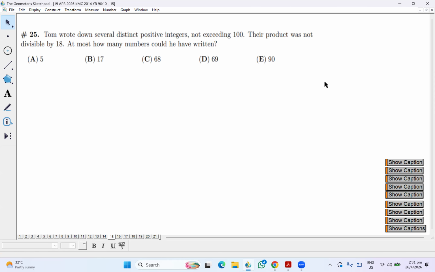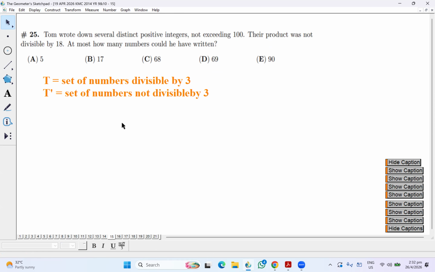So there is a strategy, not divisible by 18. We look at the set of numbers not divisible by 3, and the other part, those divisible by 3.